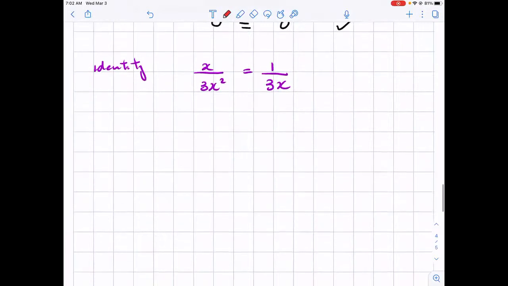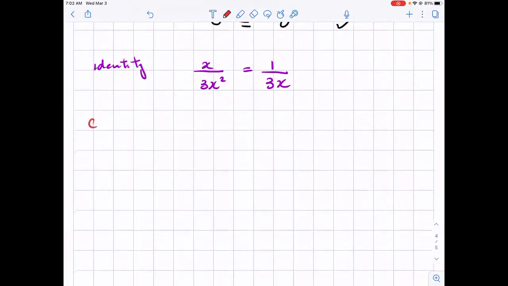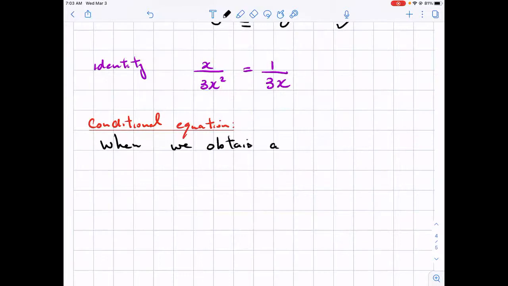So how about a conditional equation? A conditional equation is what you have been accustomed to seeing on most occasions. This is the case where we obtain a specific value or values when we solve.